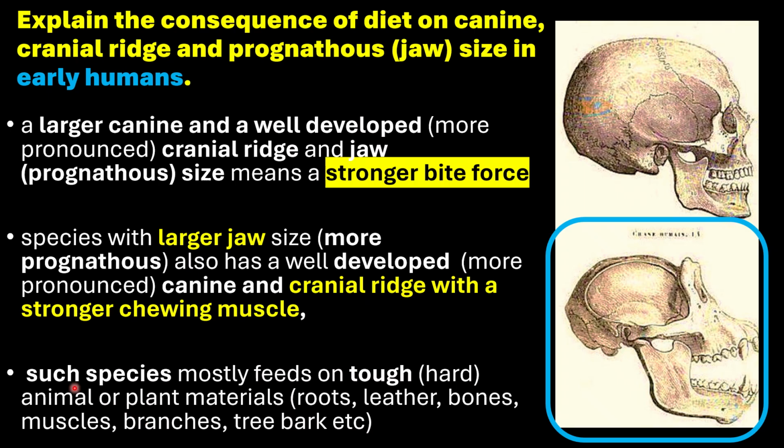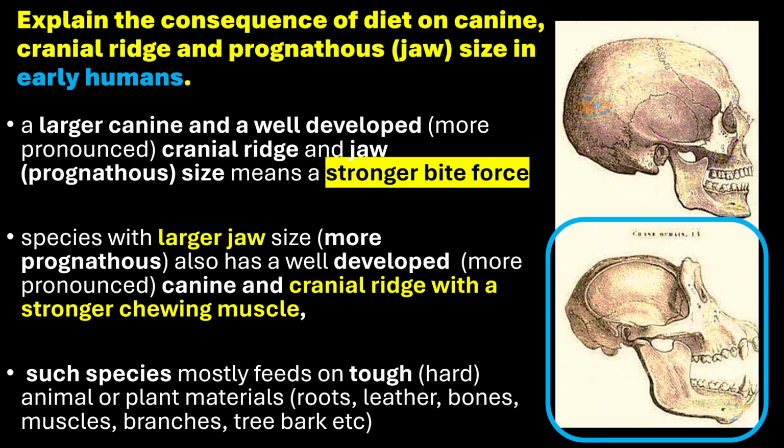The reason they have large jaws and a powerful cranial ridge is because they mostly feed on tough or hard animal or plant materials, for example roots, leather, bones, tough muscles, branches of trees and tree bark. They don't cook their food, they eat it raw. Hence, they need a larger jaw size and a well-developed canine and cranial ridge for tearing them.